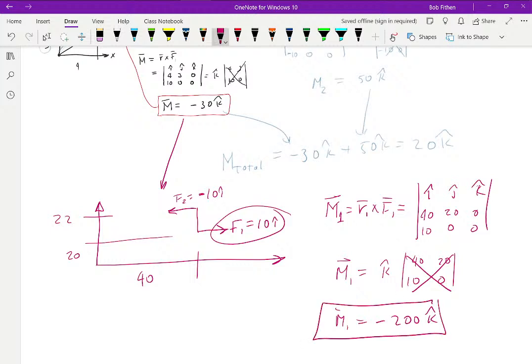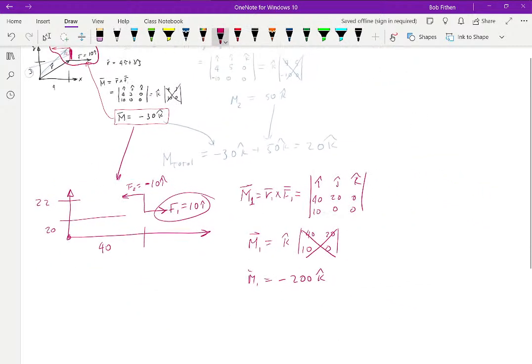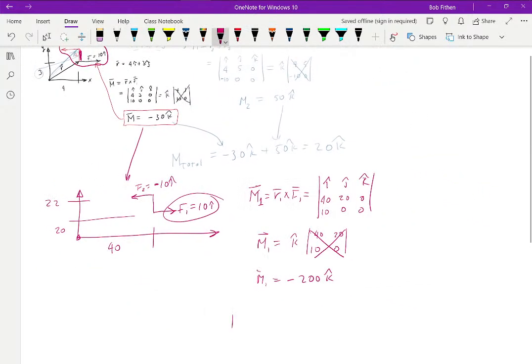What's interesting is, if I'm looking at these two, then they produced a different moment, but if I'm looking at the couple, let's look at the second part of this couple. That is the moment associated with 2. That would be this one.